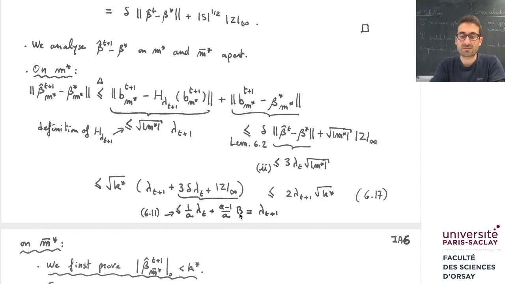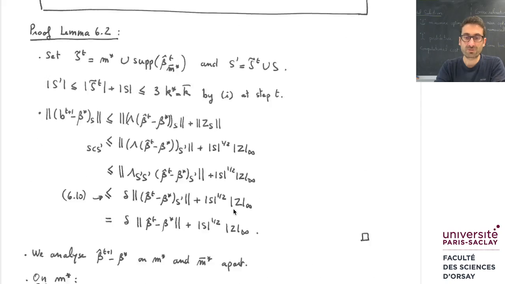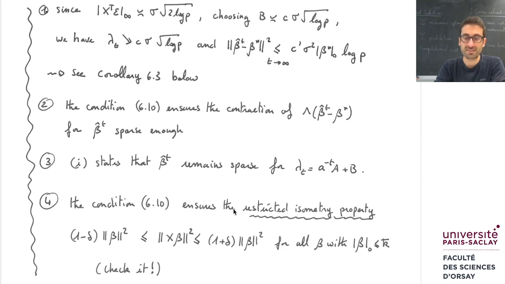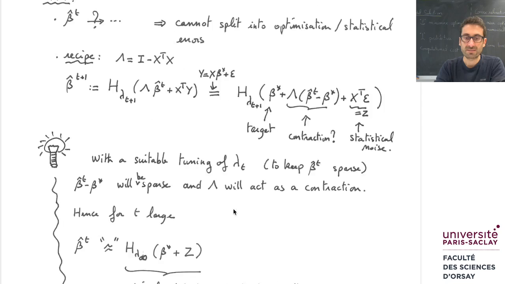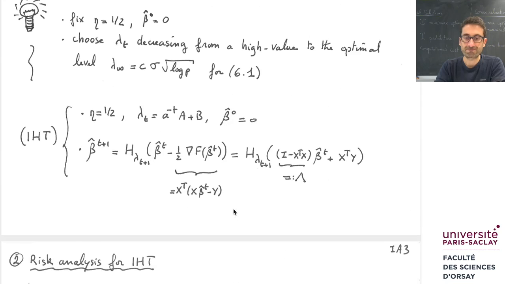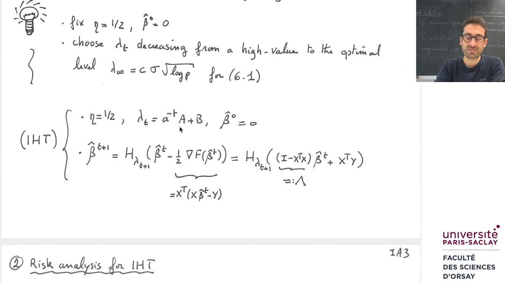Now, what is this quantity? It is exactly lambda t plus 1. We just use the fact that lambda t is defined by this equality.